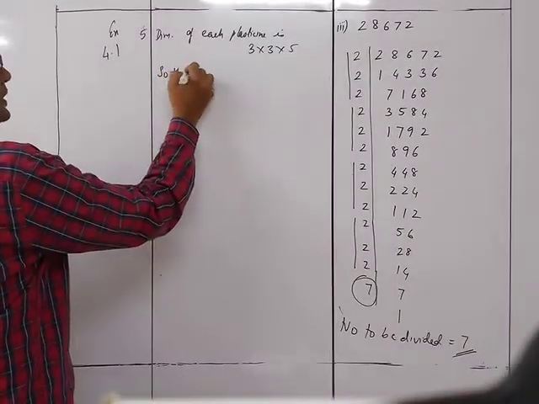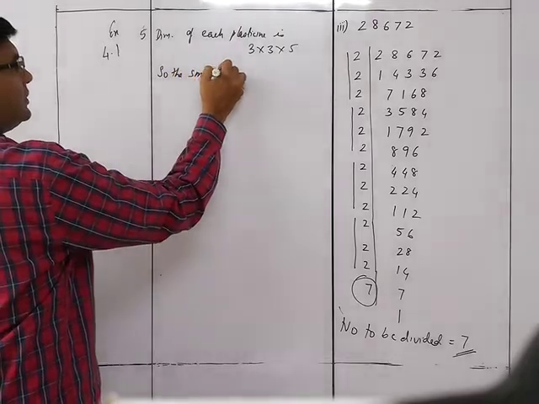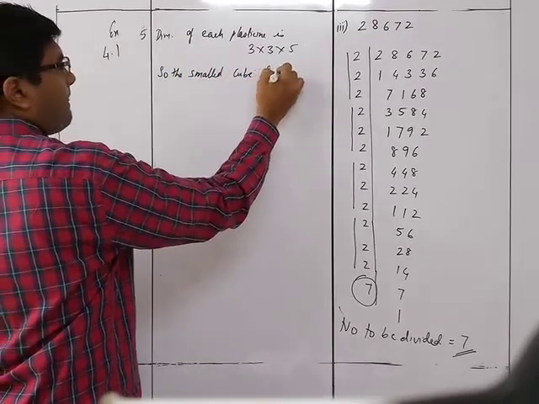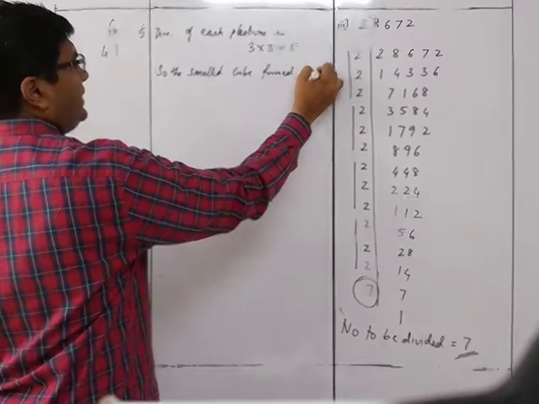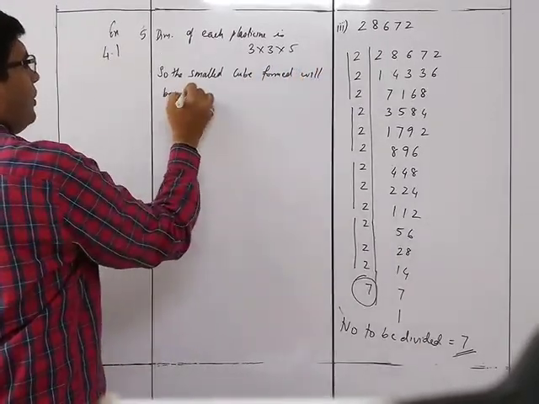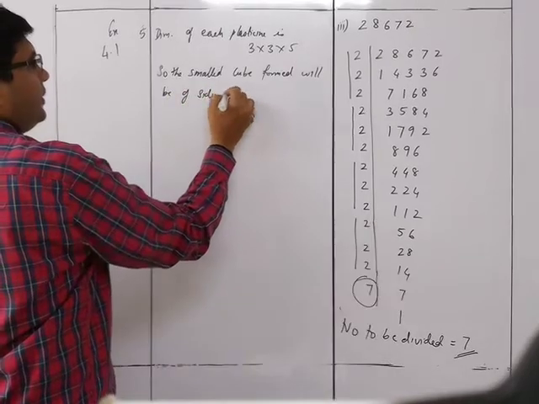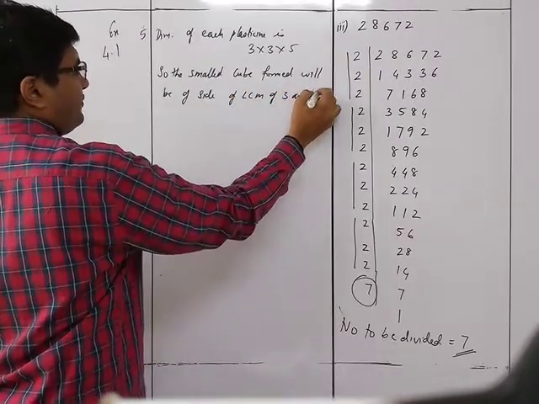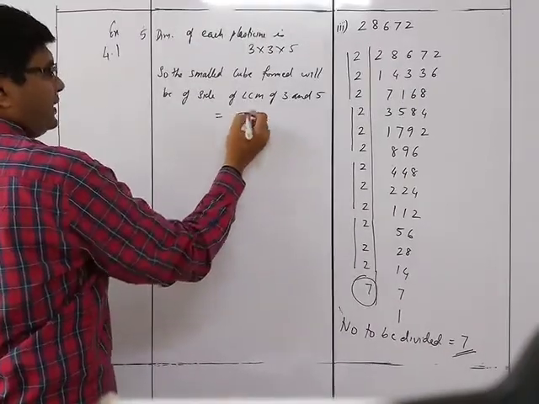So the smallest cube formed will be of side LCM of 3 and 5, which is equal to 15.